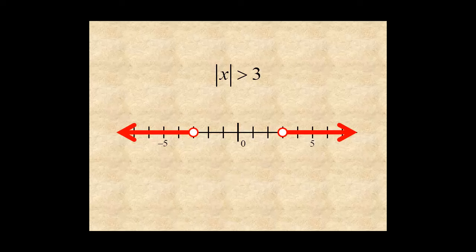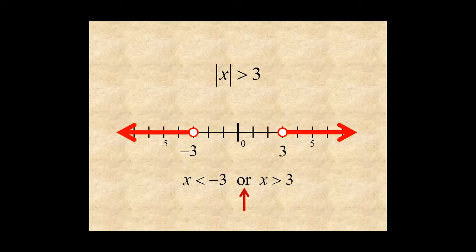So the set of numbers with absolute value greater than 3 is the set of numbers less than negative 3 or greater than positive 3. Notice you've seen this picture before. This is the graph of a disjunction, a compound inequality joined by the word or.